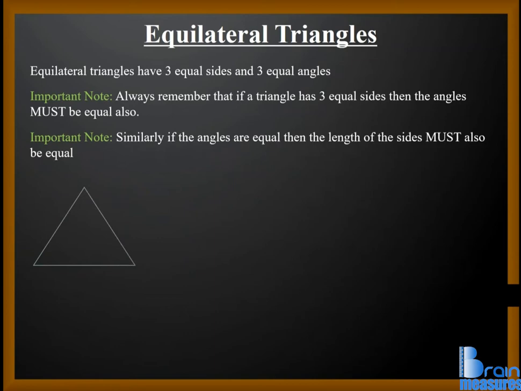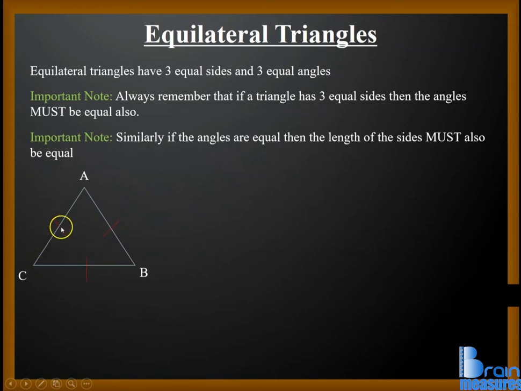Let's take a look at this example. So here we have a triangle. We are going to name it A, B, and C. And then these red lines basically denote that this side, the side AB, is equal in length to the side BC, because AB has this line and BC also has this line. Both of them are equal.